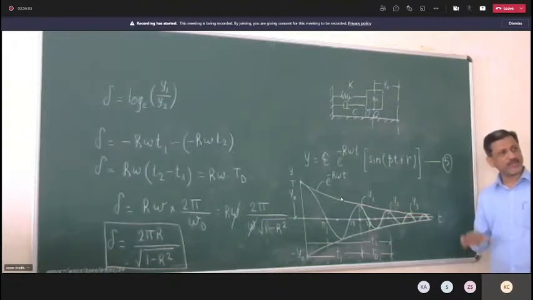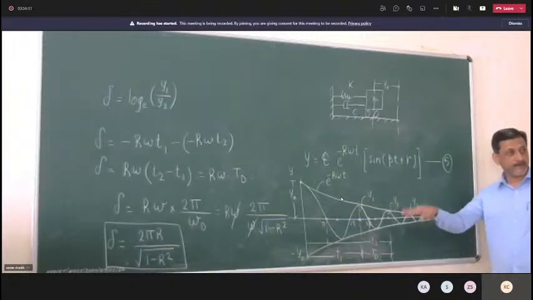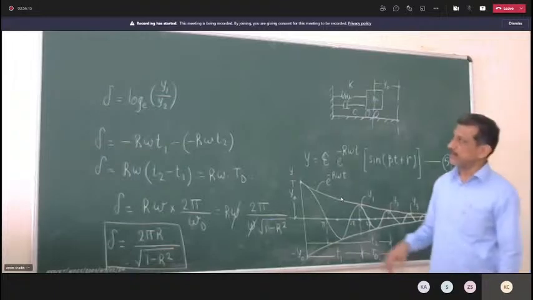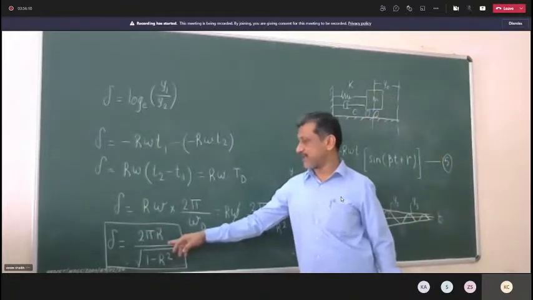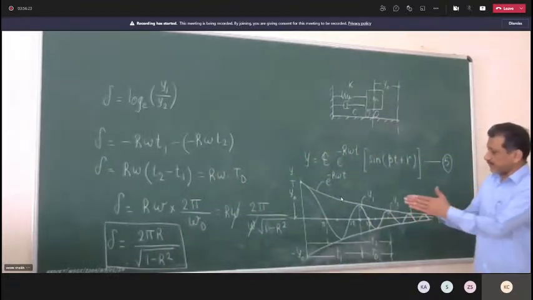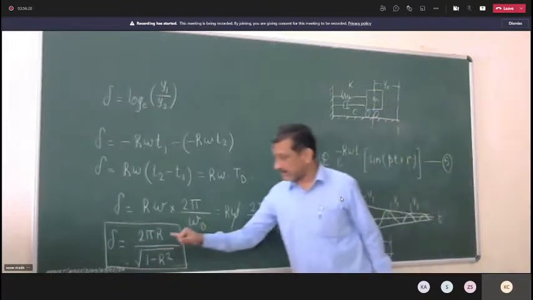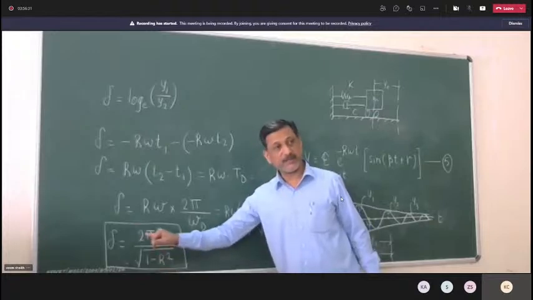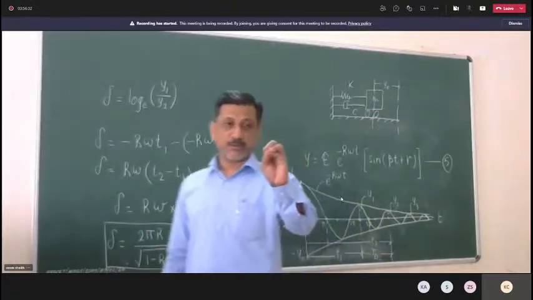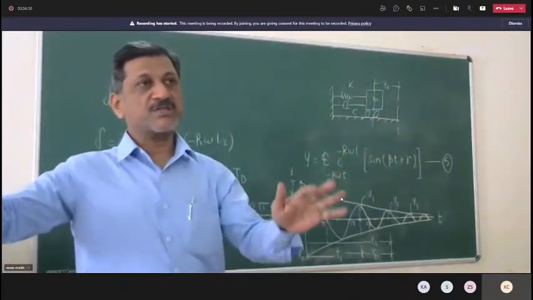Any two successive peak amplitudes, so it will be yn upon yn plus 1. That is the logarithmic decrement, and it is constant. So one more interesting conclusion: for a given value of r, logarithmic decrement is constant. Every time, by a constant percentage, the amplitude is reduced, and the system will come to rest.